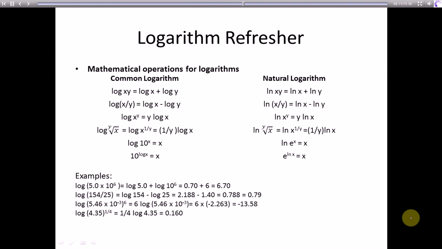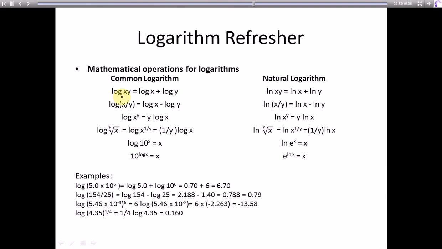There are a number of mathematical operations for logarithms that you may have learned before that you will need to remember how to use in order to solve some of the problems in kinetics and when we start studying equilibria. First of all, and these are analogous to each other, so I'll just focus on the log base 10.